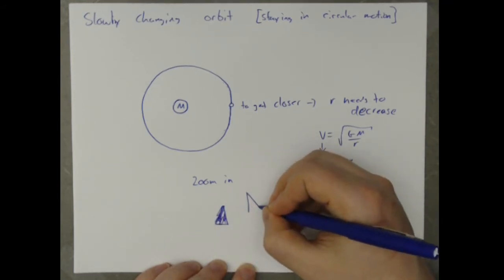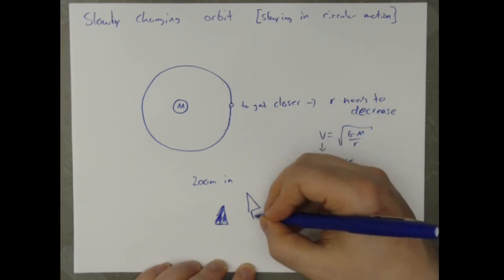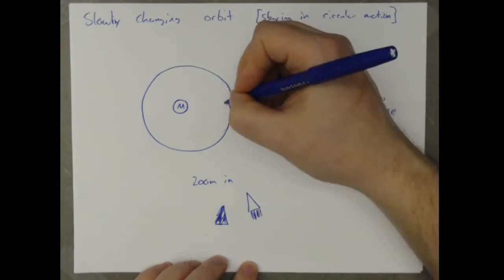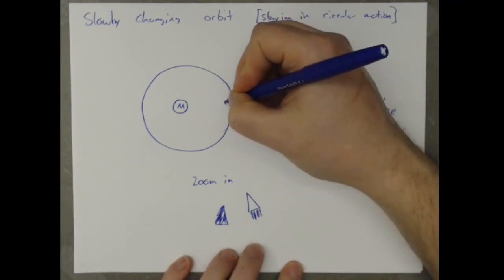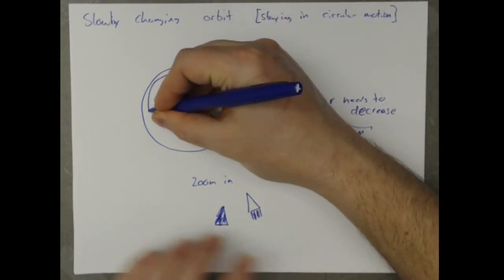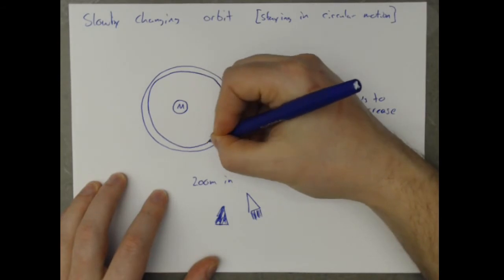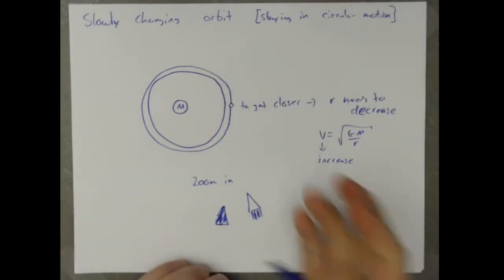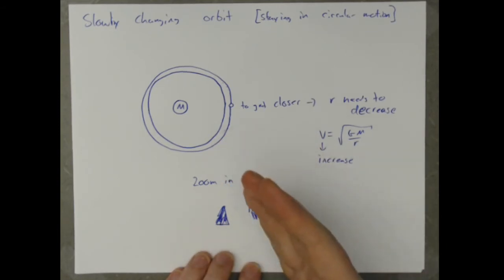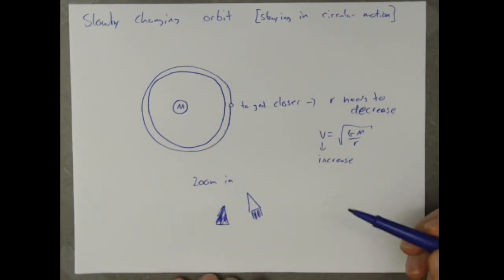So I would want to angle the ship just a little bit and fire the thrusters so that I'm going to increase my speed and aim myself into that smaller orbit. So if I do just a little bit of aiming, it's going to move me a little bit closer to the inside and give me that speed, and that's going to get me into a slower orbit.